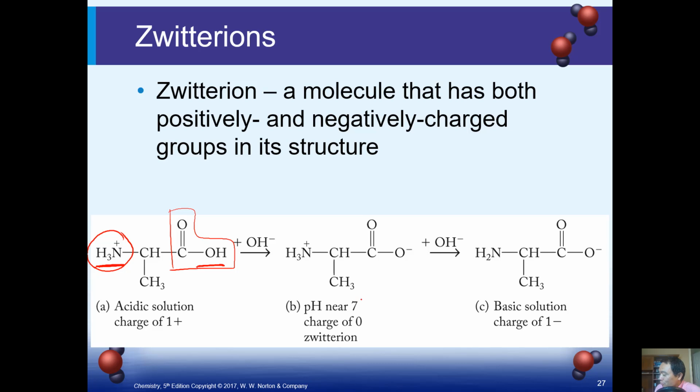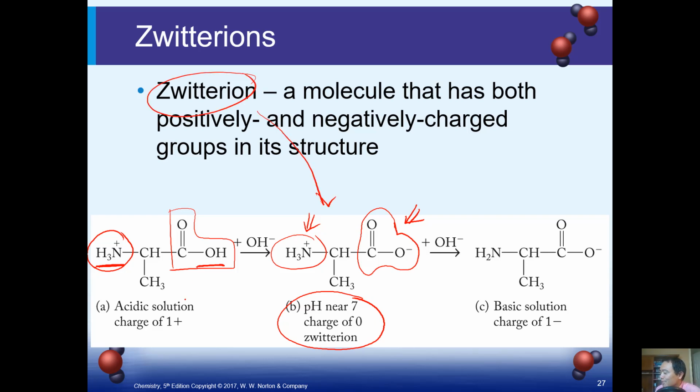But in the physiological environment, or in our body, the amino acid is going to exist in such a way that the carboxylic acid will have the hydrogen lost to the NH3, which results in a negatively charged portion and a positively charged portion sitting in the same molecule. If you see this case, we call this ion a so-called Zwitterion. That is a molecule that has both positively charged and negatively charged groups in this structure. So that's this Zwitterion you see over here.